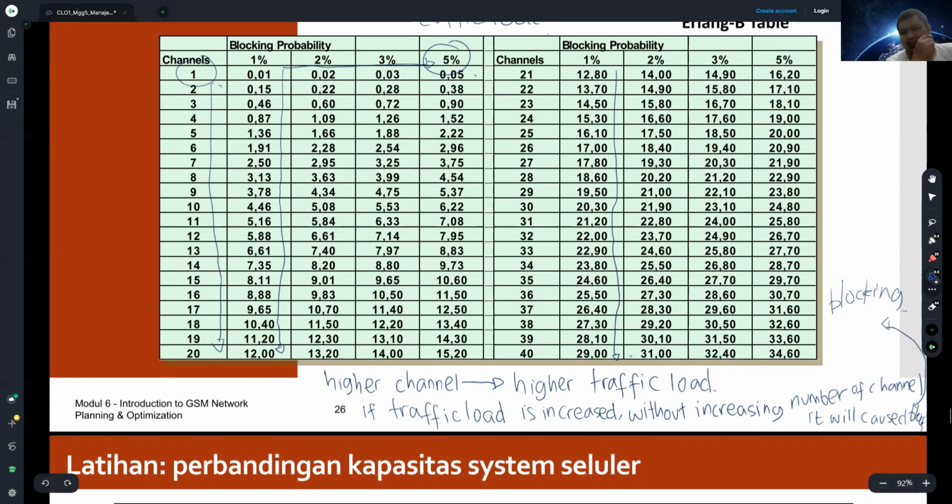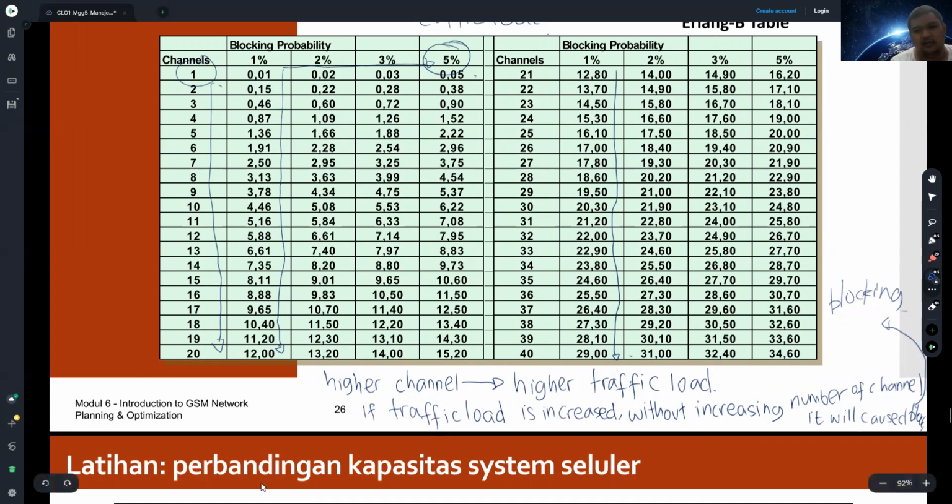Okay, so if we improve the traffic load without improving the number of channels, then it will increase the value of blocking from 1% up until 5%, depending on the traffic load. I hope you already know what it means, for example traffic loads of 0.01 Erlang, right?